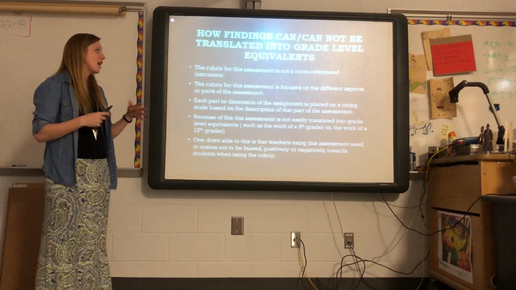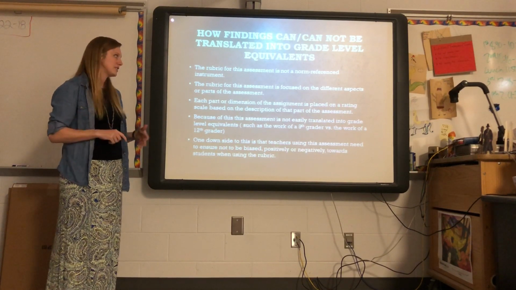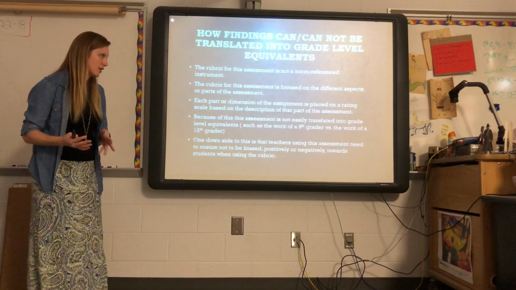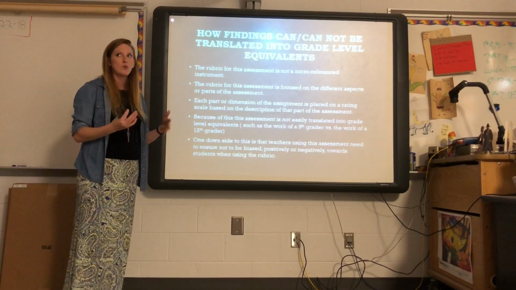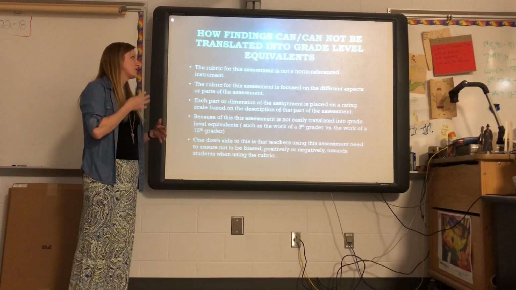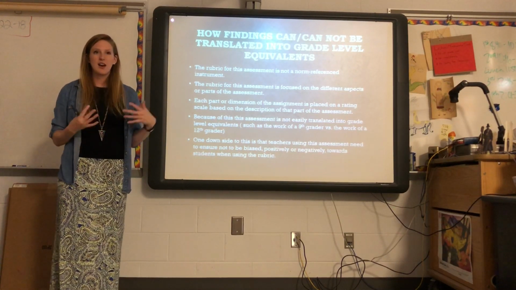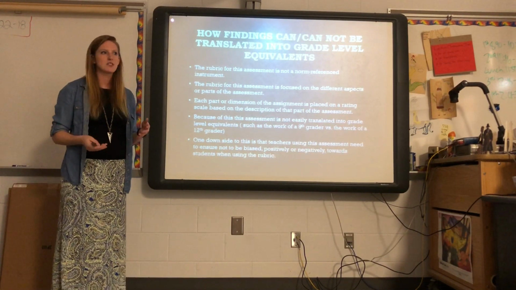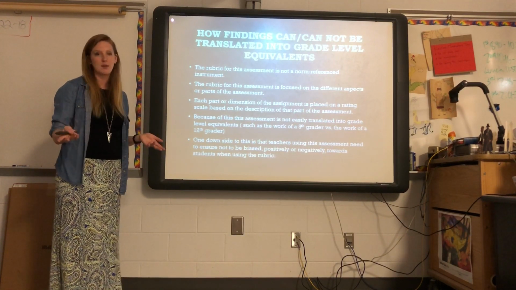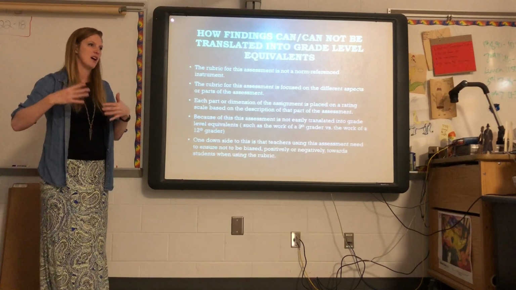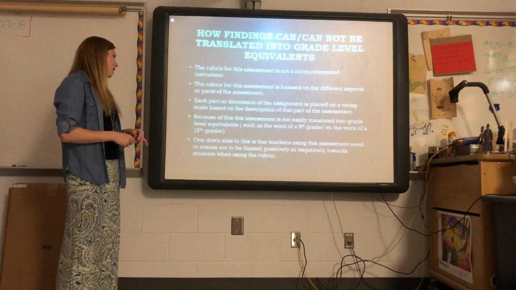Because of that, it's not easily translated into grade level equivalents, such as this would be the work of a 9th grader versus the work of a 12th grader, which honestly, we usually don't have that much in a high school art class, because the classes are mixed and we have 9 through 12 in the same class. And they're all expected to work to an Art 1 level A, not necessarily a grade level.